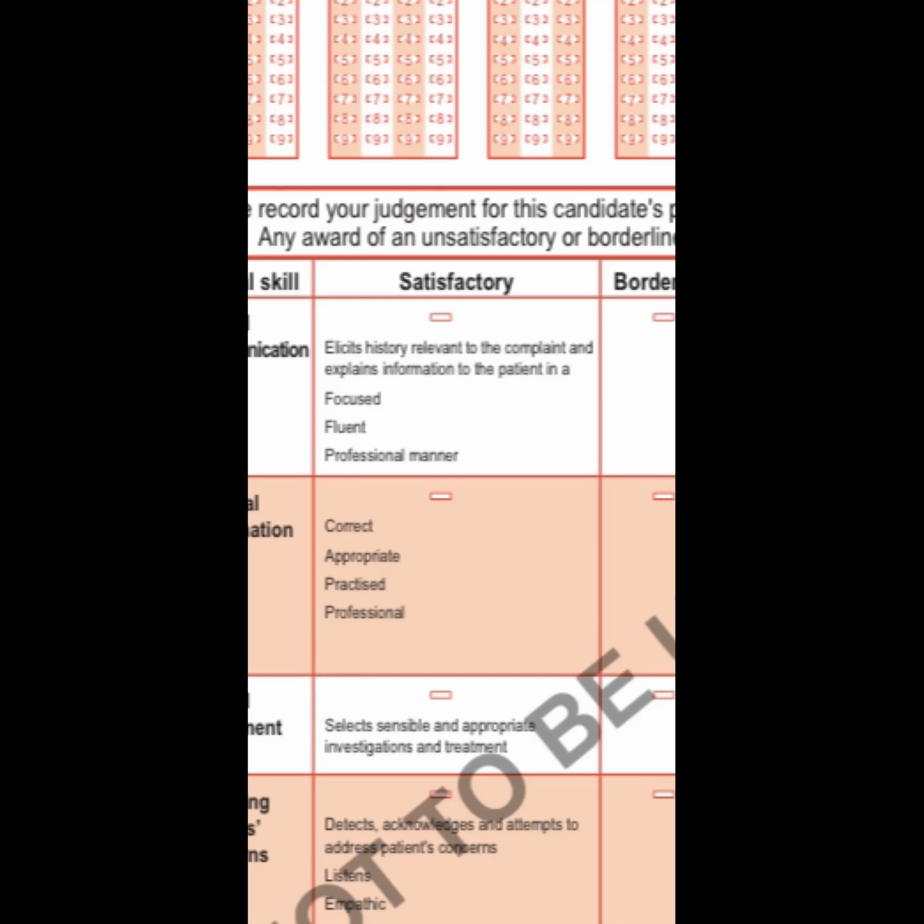Are you communicating clearly in a professional way? This is going to determine how he will score you in clinical communication skills. And the second thing: does your plan of management seem reasonable and sensible? Because this will affect your clinical judgment.